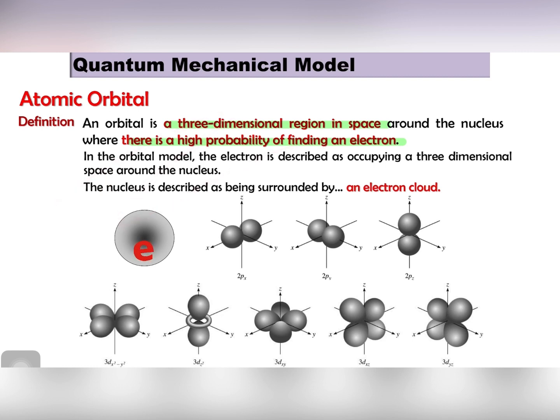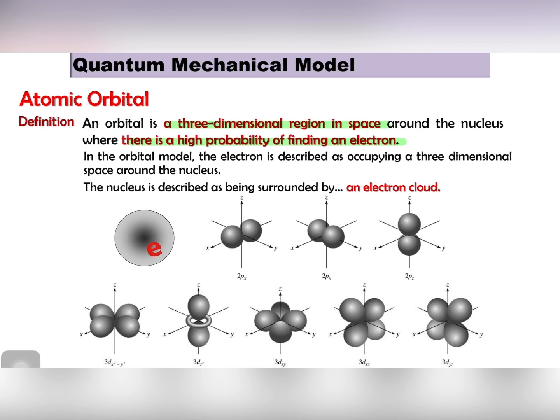In the orbital model, the electron is described as occupying the 3D space around the nucleus. So, the nucleus is described as being surrounded by an electron cloud. Okay, so maksudnya nucleus berada di tengah, dikelilingi oleh electron cloud.